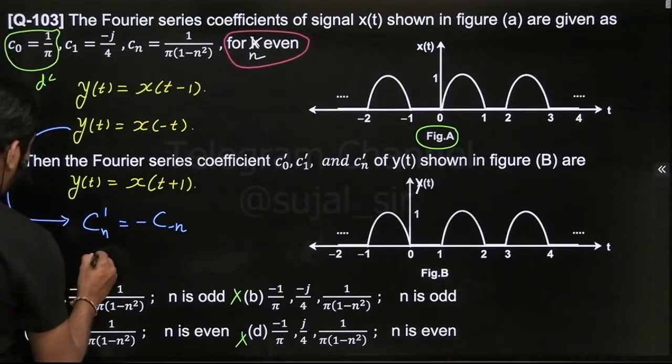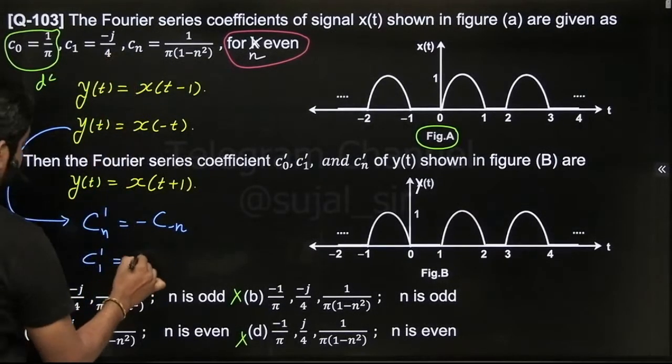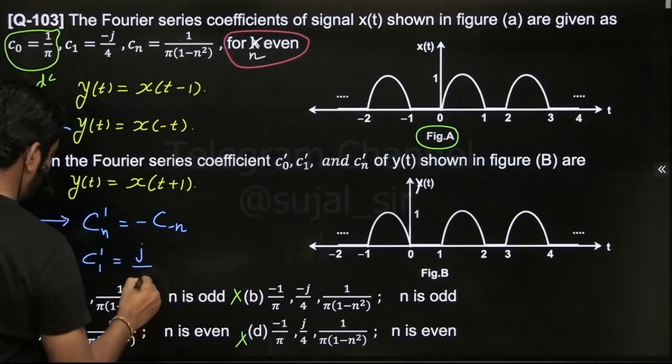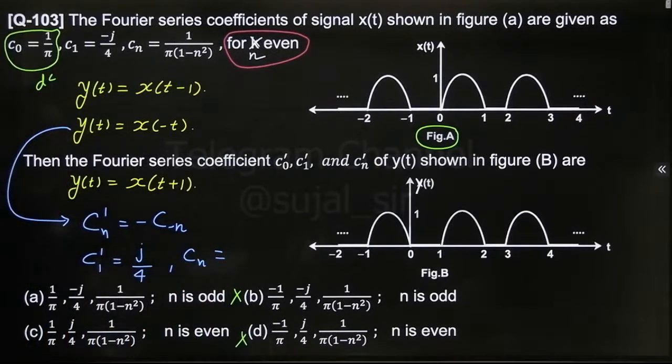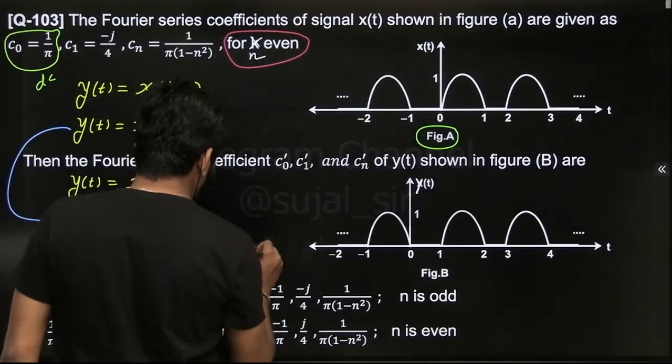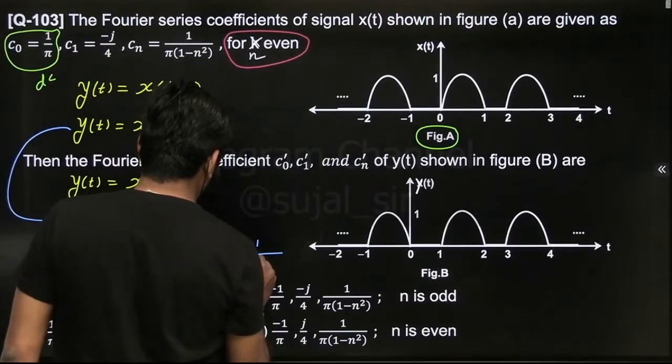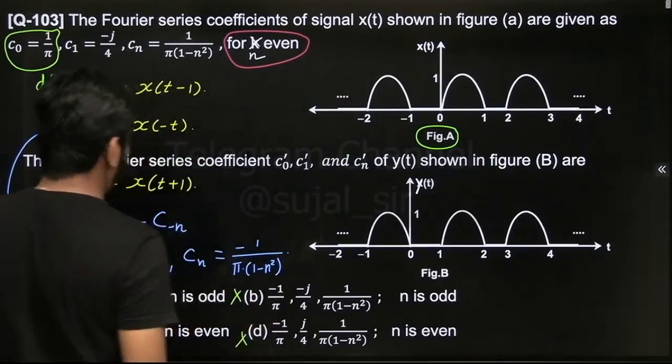So C1 dash will be minus minus plus j by 4, and Cn will be minus 1 upon pi, 1 minus n square.